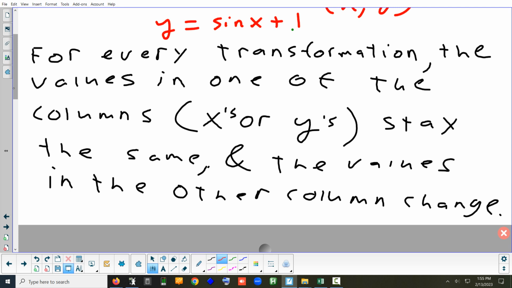Okay, so that covers pretty much the background on doing transformations for sine and cosine. From now till Wednesday, when we finish up, we're going to look at doing one transformation at a time.